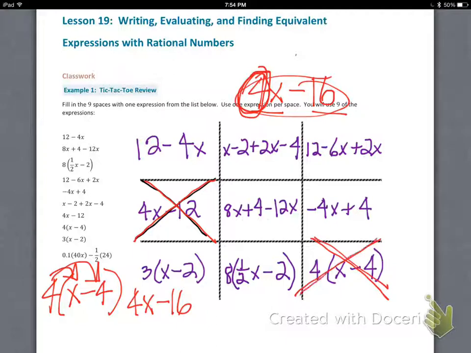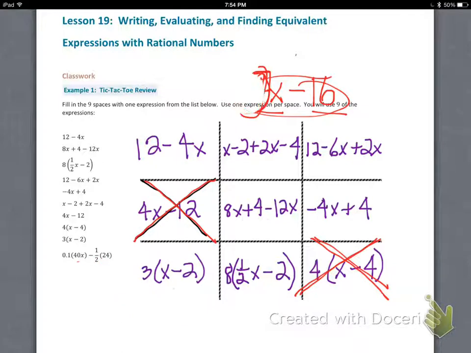Now we have two x's right there on our board. Hopefully this is getting more and more comfortable for you. I sure do hope so. Let's go ahead. I'll give you the third expression to match.